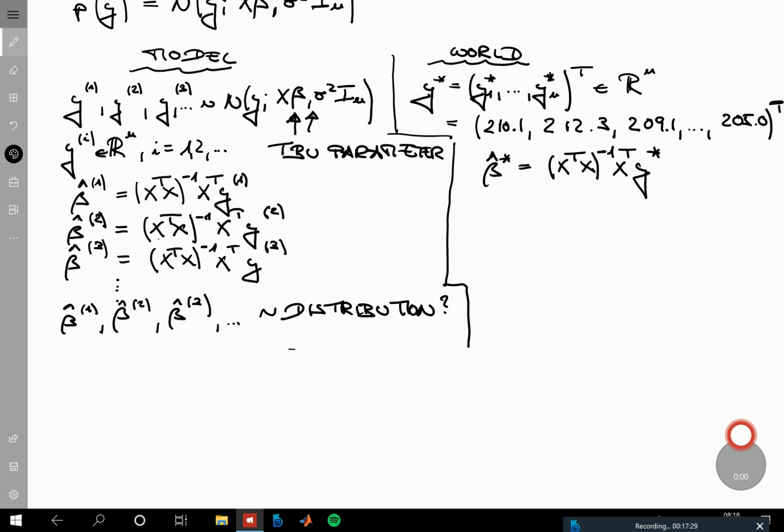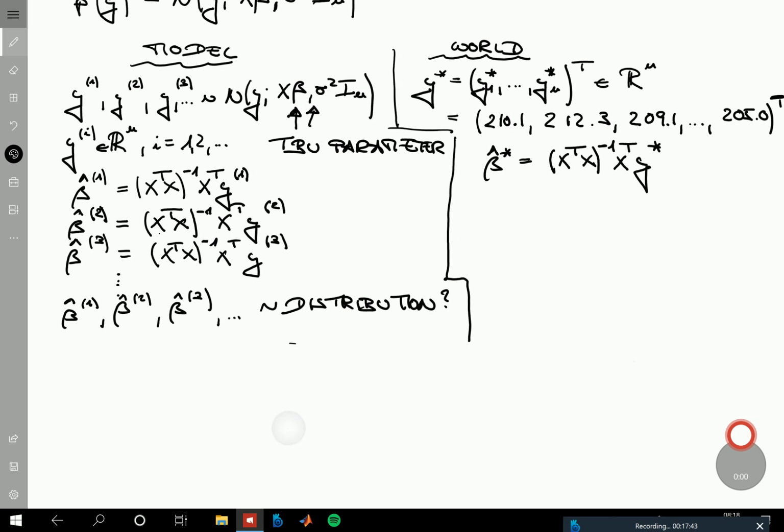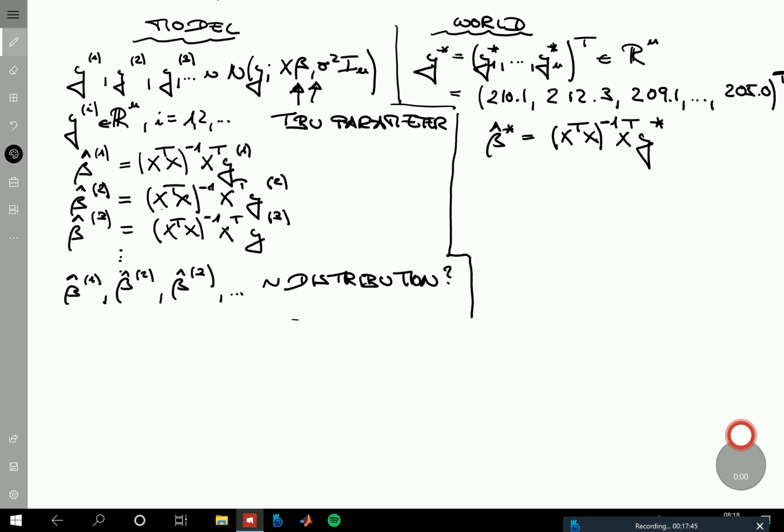If we always apply the same function, namely the better estimator formula, so this (X^T X)^-1 X^T to the data, then we also get observations of our better hat parameter, and the question is, what is the distribution of them? And then, not too surprisingly, the same thing applies to the variance parameters.